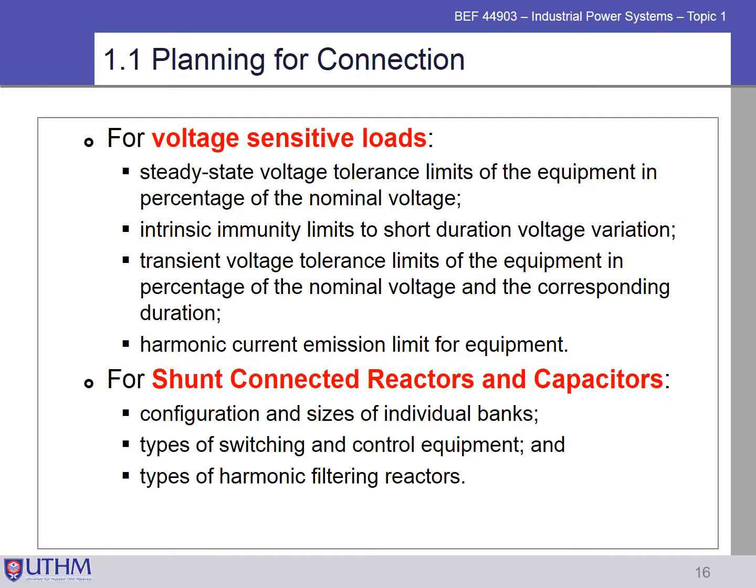And for shunt connected reactors and capacitors, we have to take into consideration the configuration and size of individual banks, type of switching and control equipment, and type of harmonic filtering reactors. So all these elements we have to take into consideration for planning.